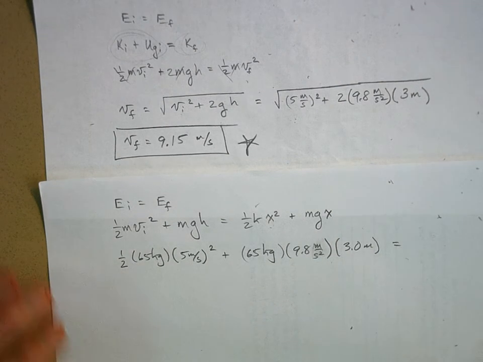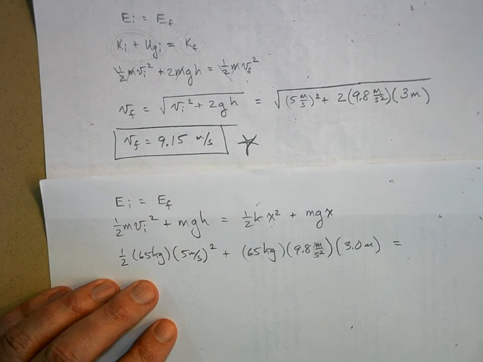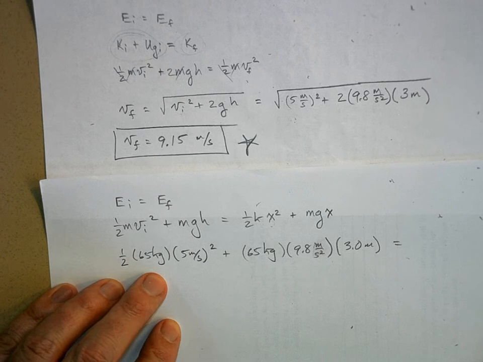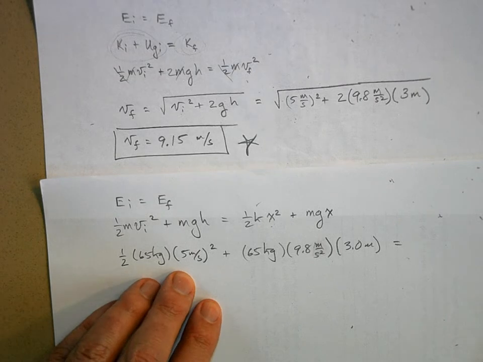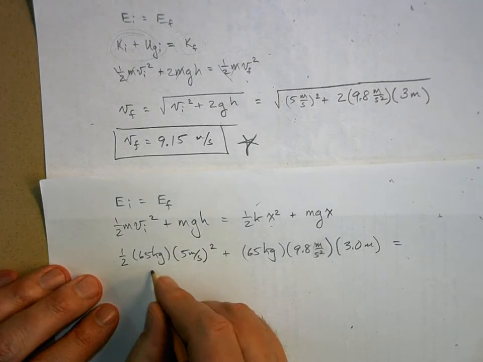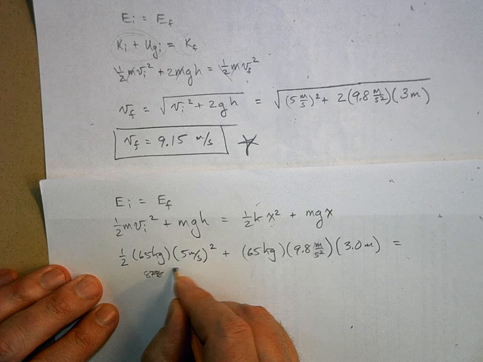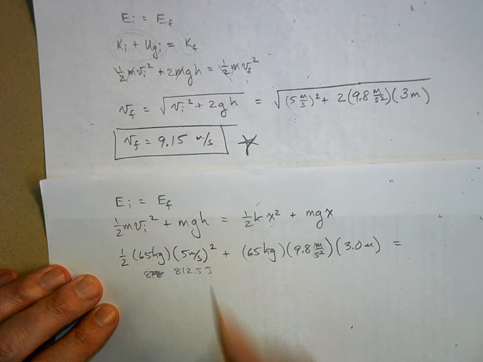And so let's see where this gets us. 0.5 times 65 times 25, so that's 812.5 joules.